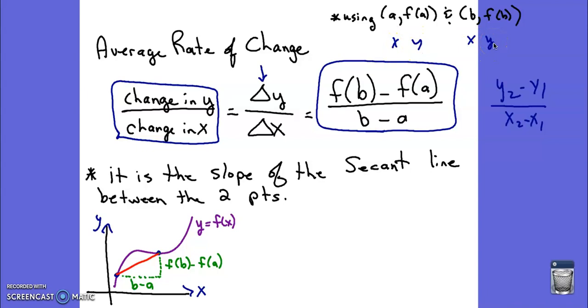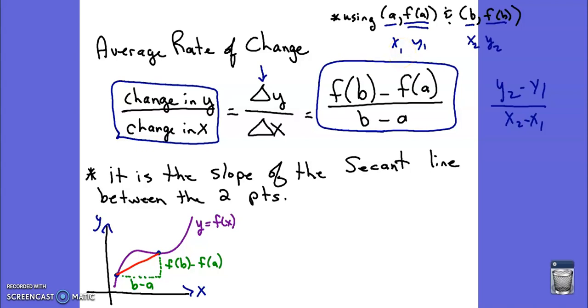But here we have the point A, and then f of A. When you plug A into the function f, that's called f of A. When you plug B into this function, that's called f of B. So you're taking f of B, which is y2, minus f of A, which is y1, over B minus A, which is x2 minus x1. So it's really the same formula that you're used to.